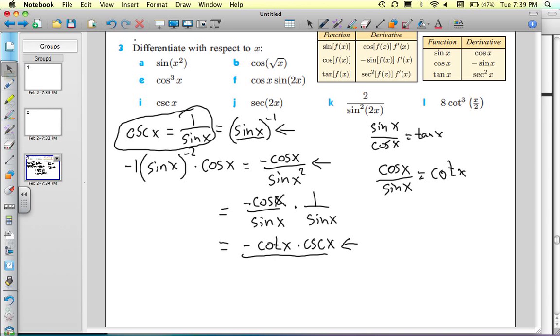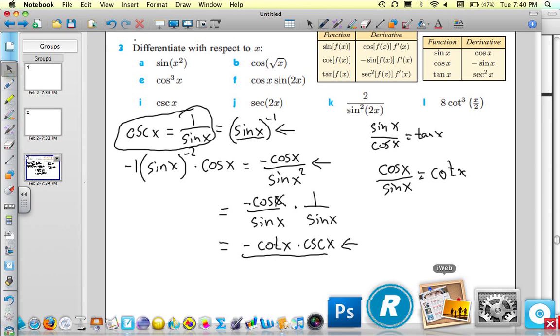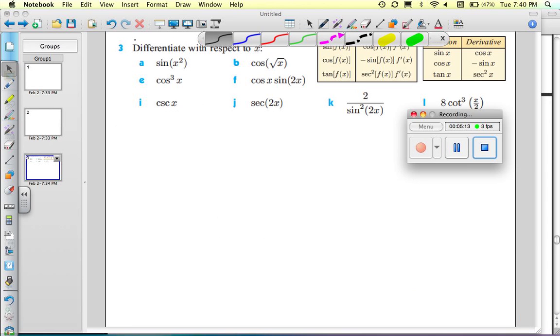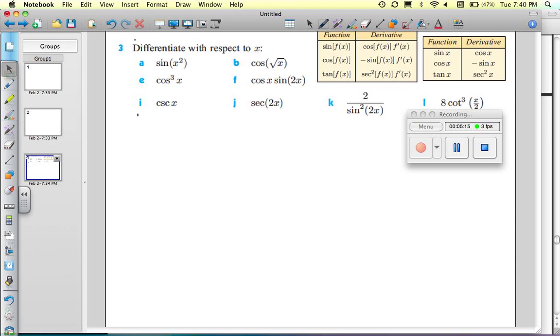I'm going to pause while I erase this so I can do J, K, and L. Now we're going to do J. Secant of 2x is going to be similar to what we did with cosecant.